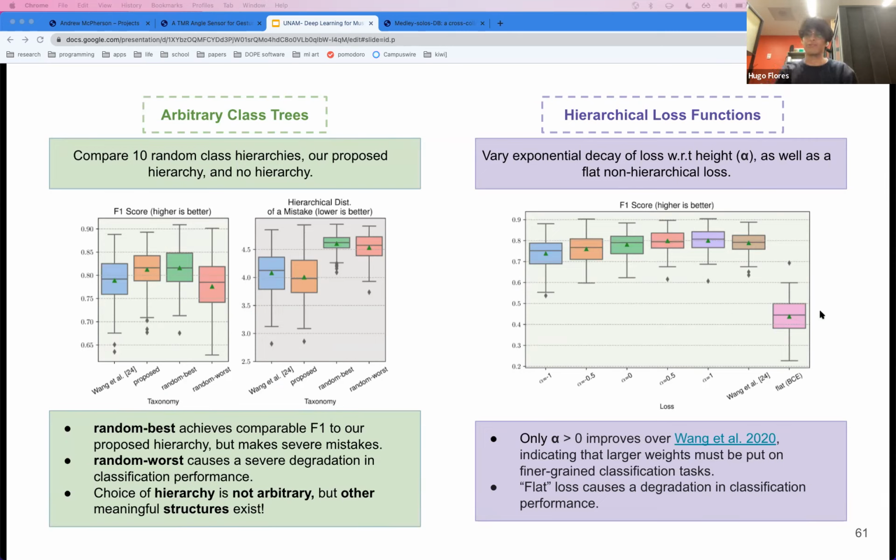And we also tried an approach with no multi-level. You know how we treated everything as a separate task for the different levels of the hierarchy. So we got rid of that and we just put everything flat on the same level. It was a binary classification thing now, where the thing could be guitar and it could be strings at the same time, and it could be plucked at the same time, and it could be allowed to also predict violin at the same time. And that caused a degradation in classification performance. The reason for this is that prototypical networks don't really lend themselves to binary classification.